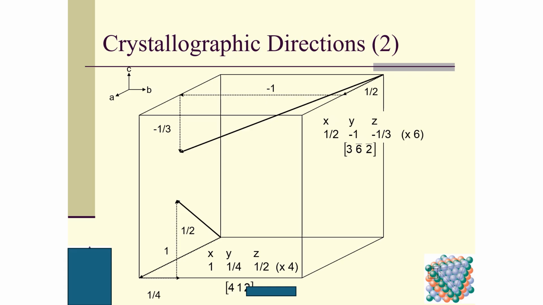Here, this is the front line. So we multiply all of these by a common multiplier of 4. We can change all these into integers: 4, 1, 2. This is for this direction.